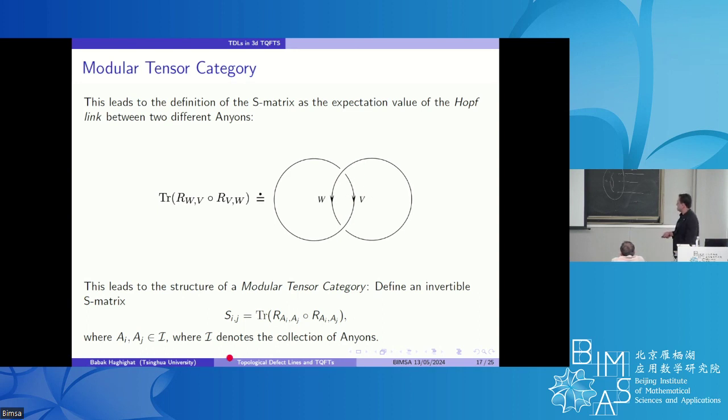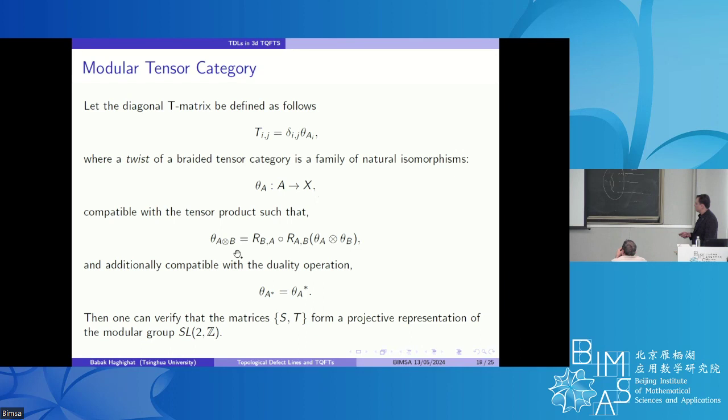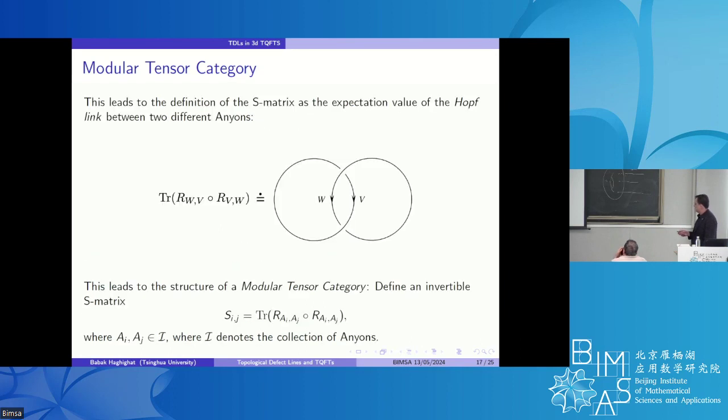So this S_ij is basically acting on anyon types i and j, which are running along these lines here. These A_i and A_j are types of particles or types of lines, if you want, in your algebra, and you braid them twice and take the trace, and you get this S matrix. Any questions so far about the story?